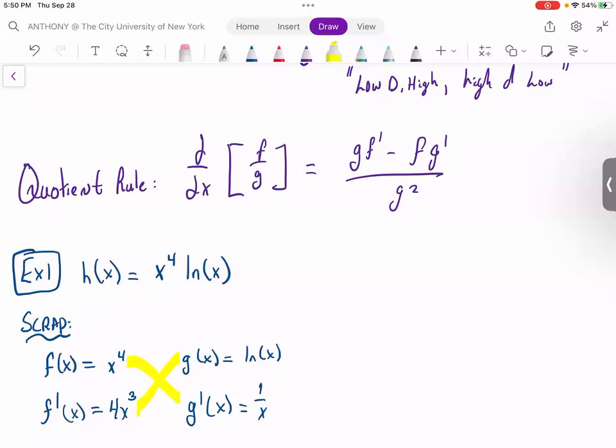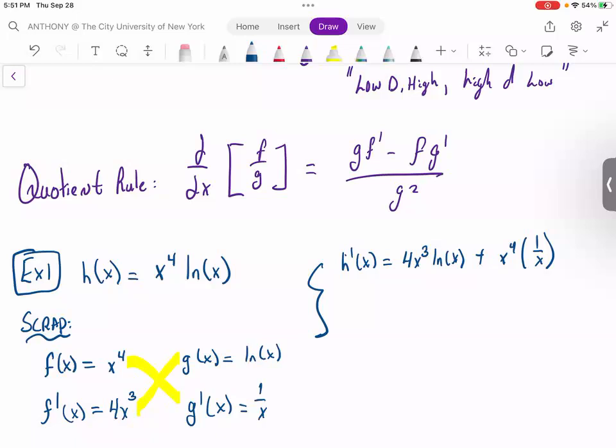When you apply this, h prime of x is equal to g of x times f prime of x, so you can write it as 4x to the third times ln of x plus x to the fourth times 1 over x. Just remember, you have your f and g, right underneath you have your derivatives, and it's like you're doing a cross multiplication, creating this Jamaican flag.